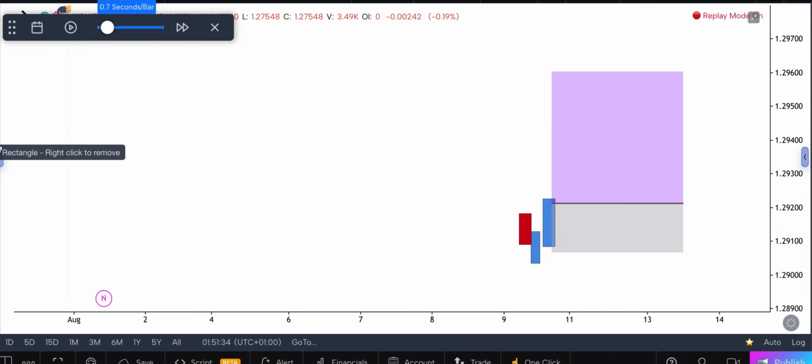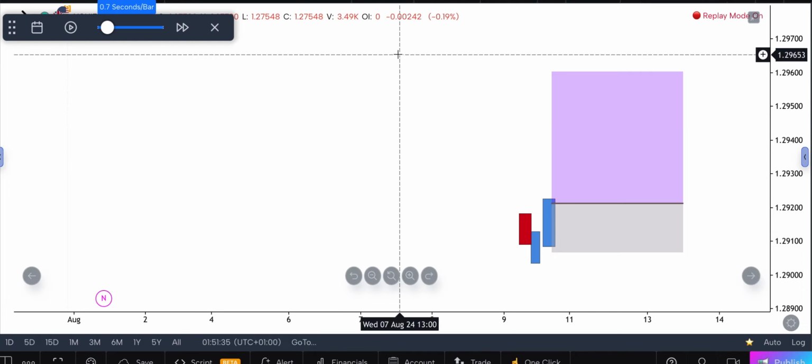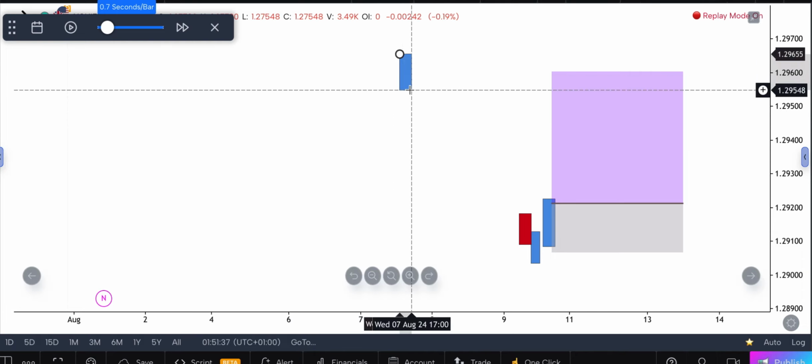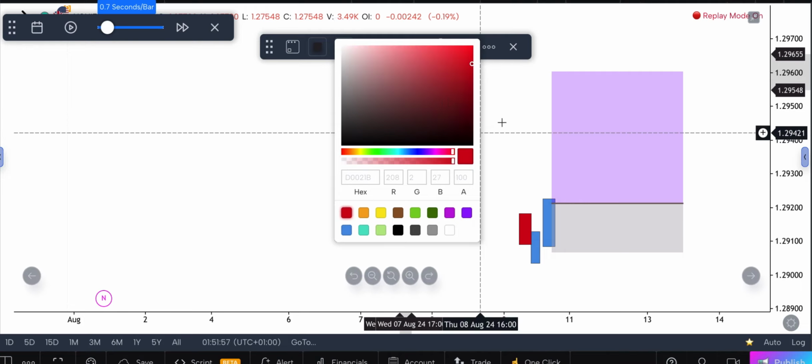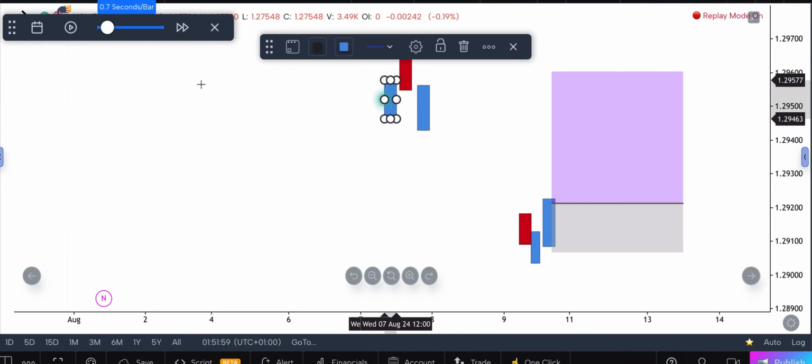So let me now show you how a swing low looks. You can see that this is this and that one here, and then I'll draw the third one here. Okay, I want this to be red also.